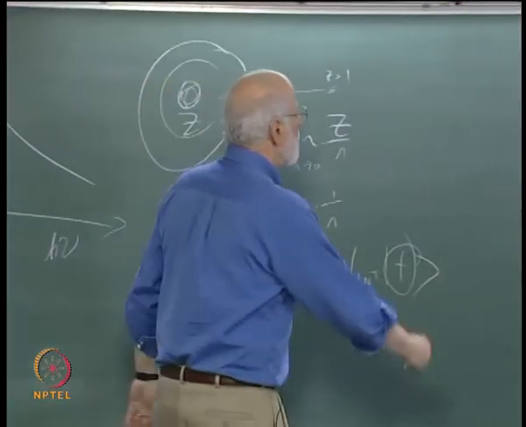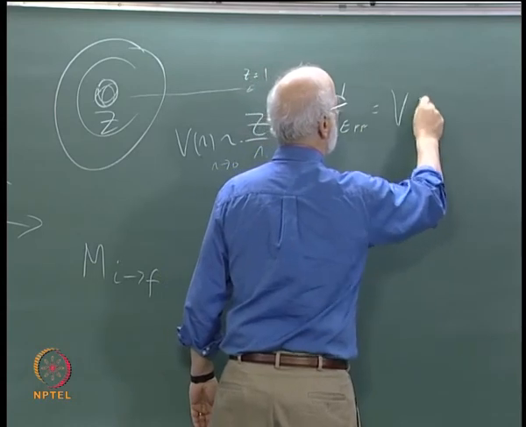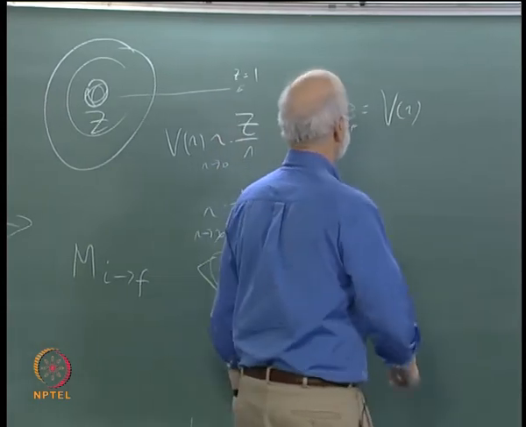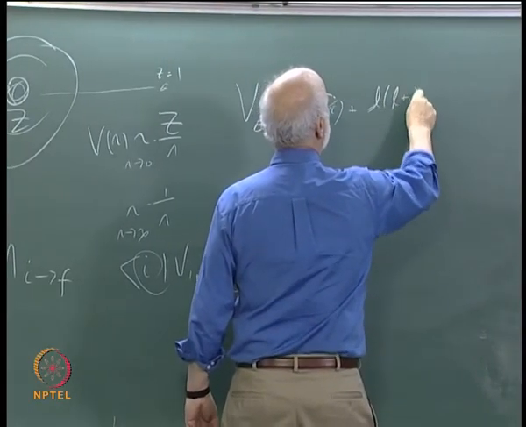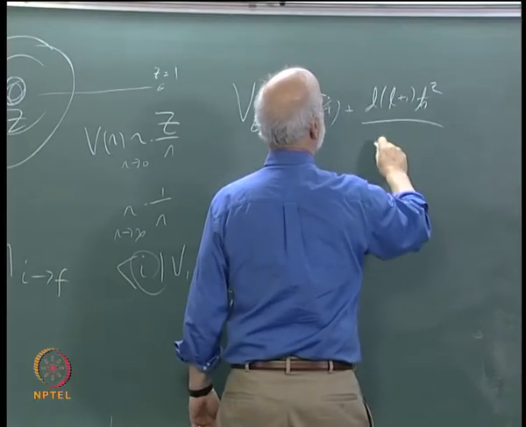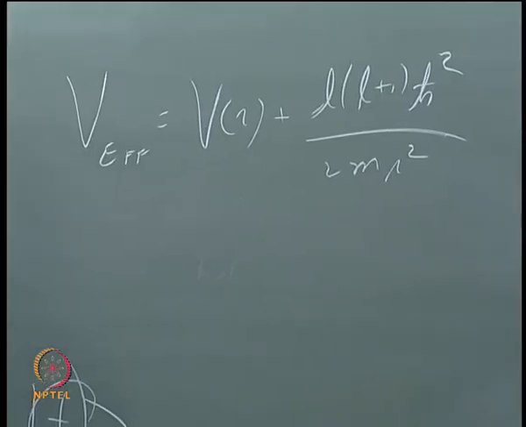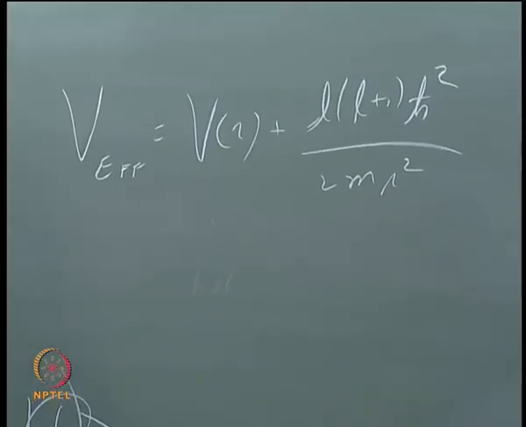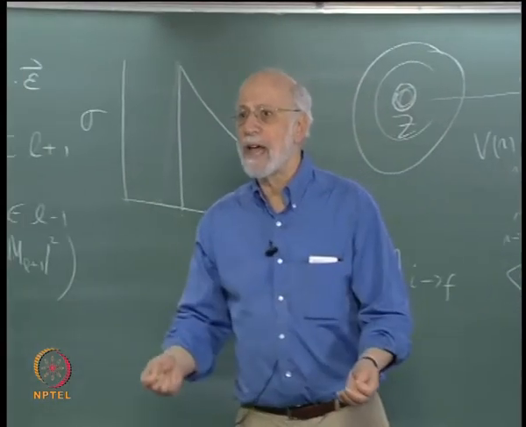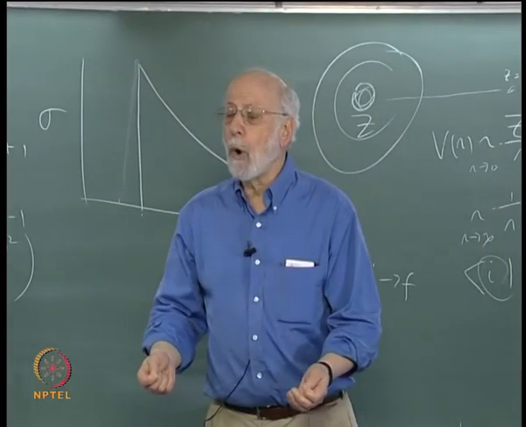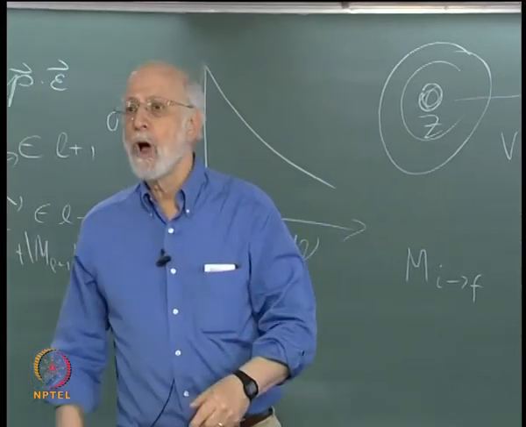Anyway, so you have this V effective, which is the V of R, plus L(L+1) ħ squared over 2mR squared. Now, this is just like in classical physics, where the kinetic energy due to rotation is 1/2 the square of the angular momentum, 1/2 L squared over the moment of inertia.